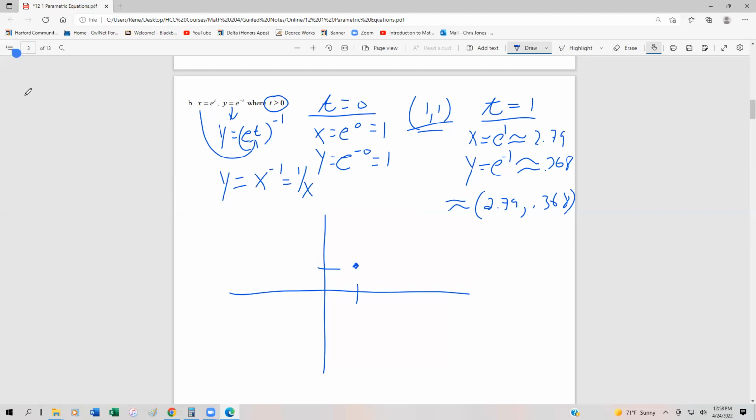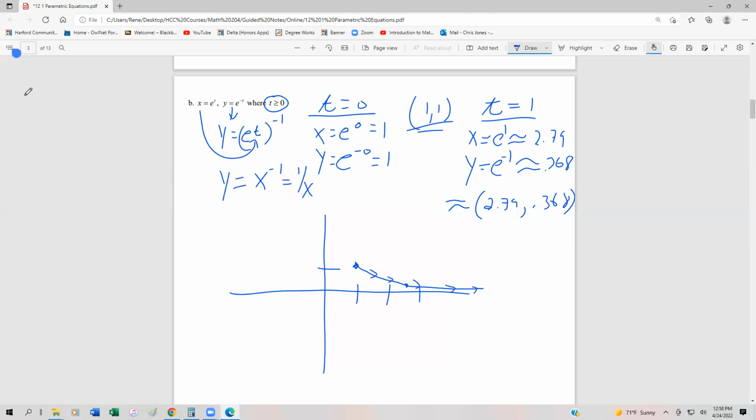And from there, we know that another point, out here, might be something like 2.79 and 0.36. So I think our graph is going to look something like this, and then the orientation is going to be this way.